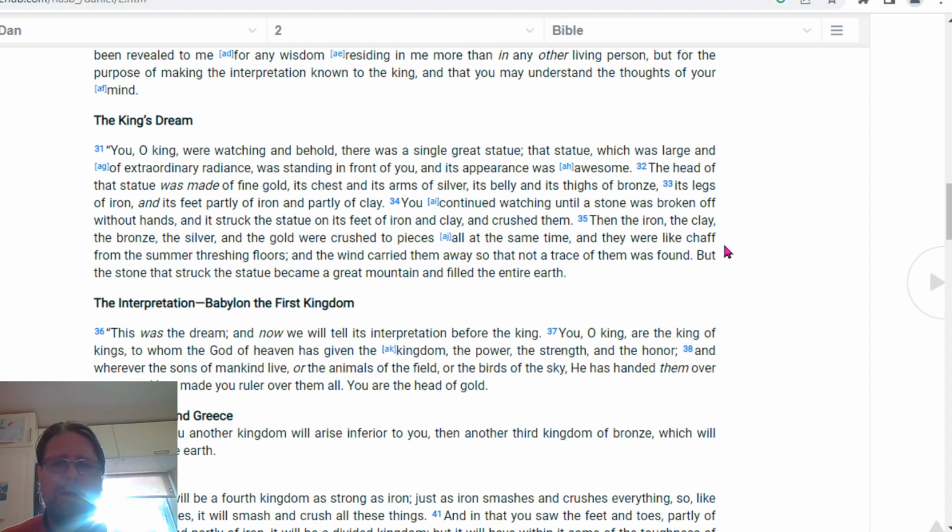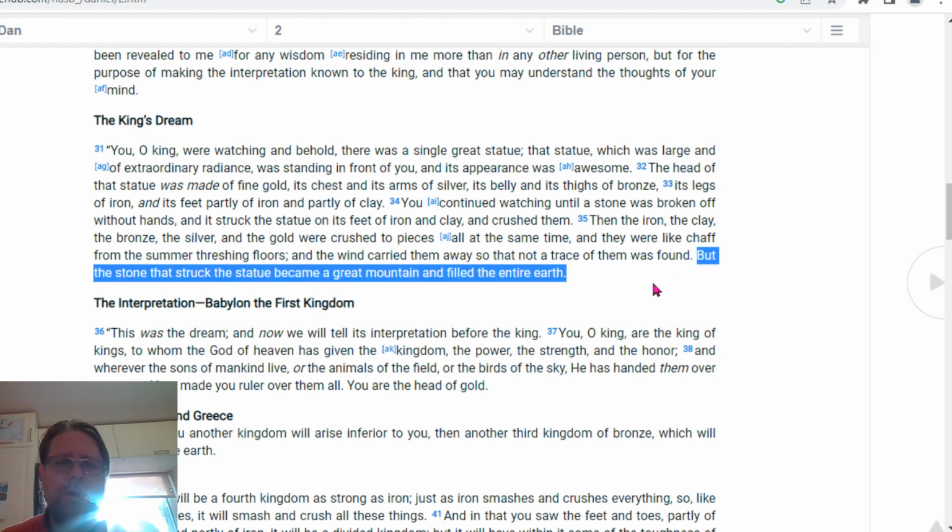The wind carried them away, and not a trace of them was left or was found. But the stone that struck the statue became a great mountain and filled the entire earth.